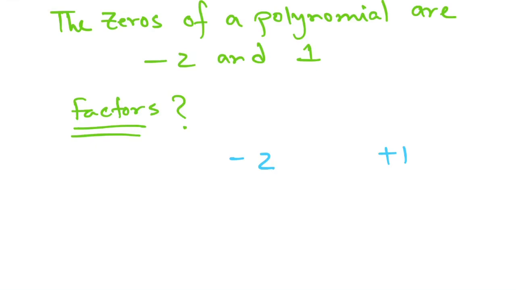The only thing you have to do is place x in front of that number. So x minus 2 will be a factor, and you just put x in front of +1. So x plus 1 and x minus 2 will be the factors of that polynomial.